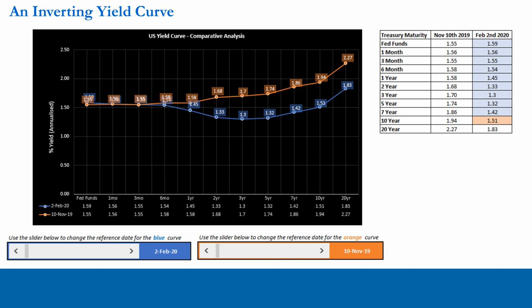As an exercise, what you can do is go into the spreadsheet in the downloads area and play with the slider and take yourself back to February 2nd, 2020, and then move forward week by week. And you can see whether or not the 10s minus 2s spread actually went negative. What do we mean by that? Well, meaning that the 10-year minus the 2-year was less than 0.